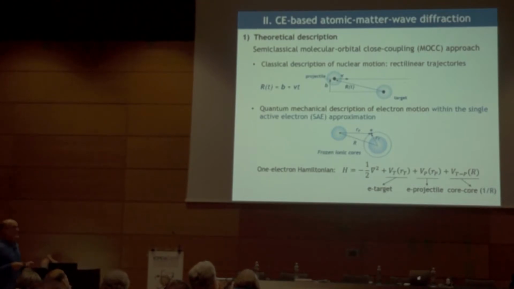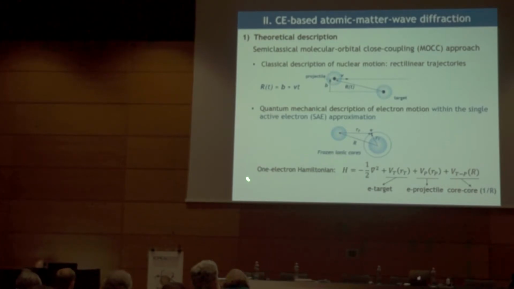The electron motion is described quantum mechanically within the single active electron approximation. That is, we assume that only the valence electron of the rubidium atom will be involved in the dynamics, whereas the inner electrons of both the target and the projectile will remain frozen throughout the collision.